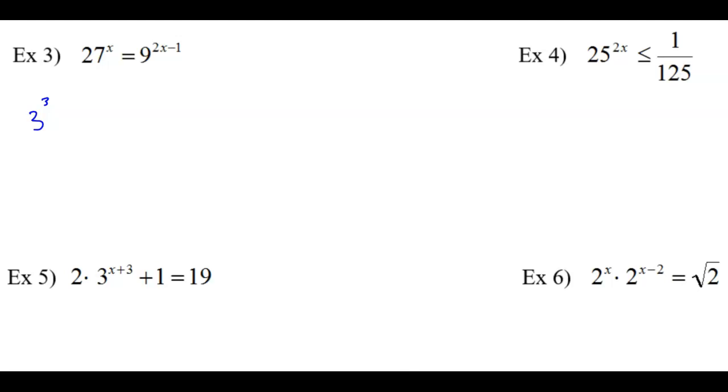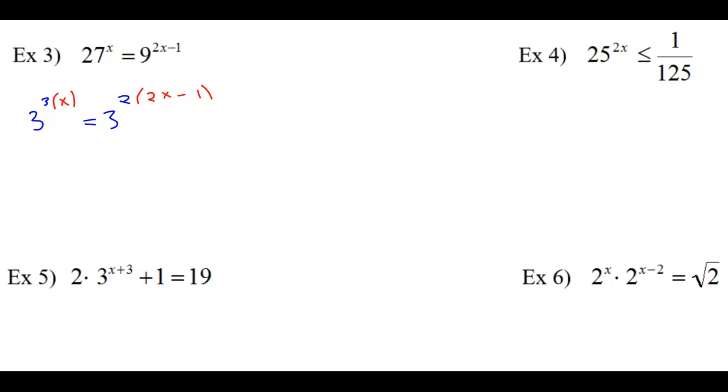But this x is already up here in the exponent. So I got to put that x up there. And then equals 9 is just 3 squared. But don't forget, we already have 2x minus 1 up in the exponent. So if that 2 is going to come up there and join the 2x minus 1, we're going to have to multiply these together.